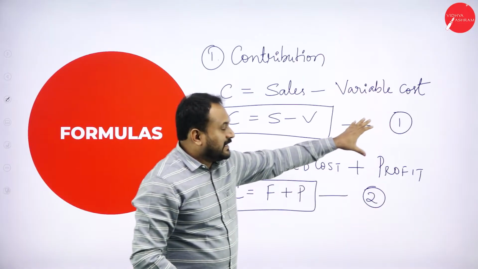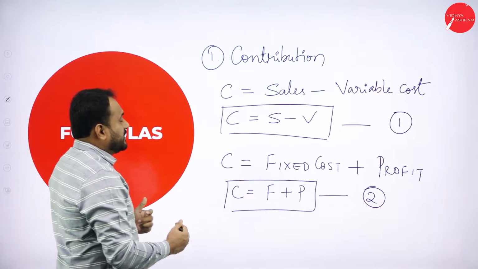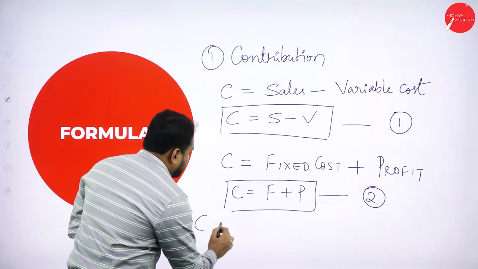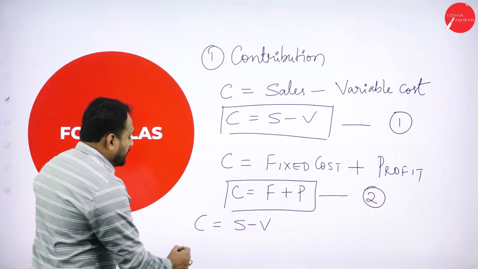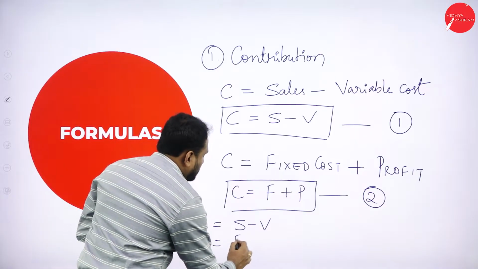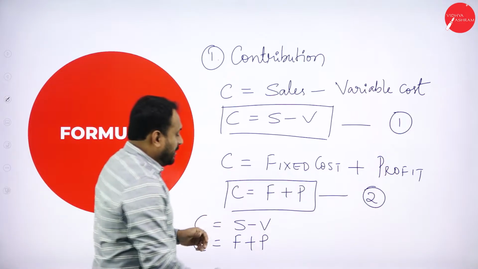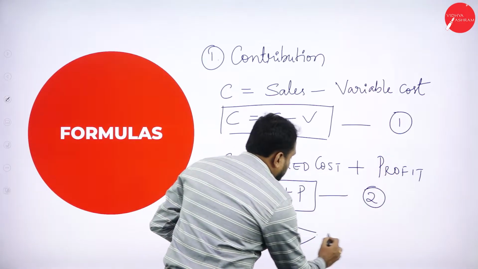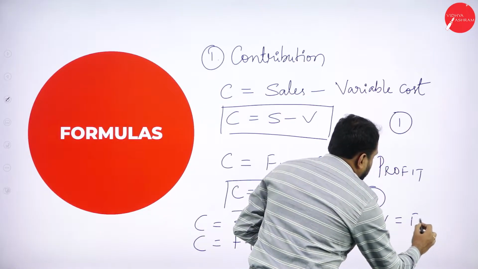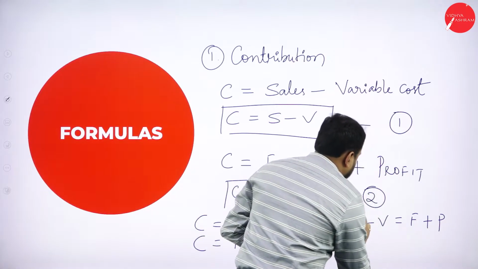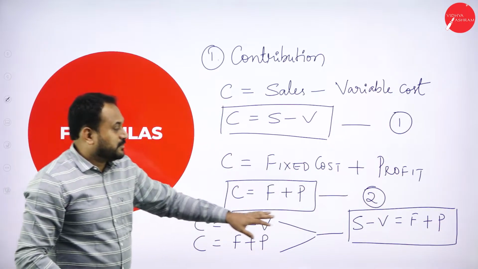Now combining these two, 1 and 2, can I write something like this? C is equal to S minus V is 1, and one more is C is equal to F plus P. That means both are equal. Then through this I can write S minus V is equal to F plus P. Can I write this or I can't? This is what you are supposed to decide.